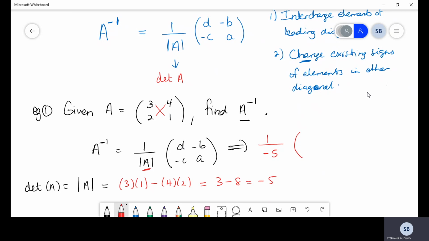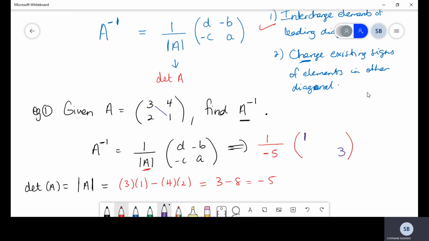Now, continuing with our formula, they are telling us that the first thing we need to do is to interchange the elements of the leading diagonal. Our leading diagonal, guys, up here, is 3 and 1. So we are going to interchange those values to get 1 up here instead and 3 down here. That's it. We're good to go.